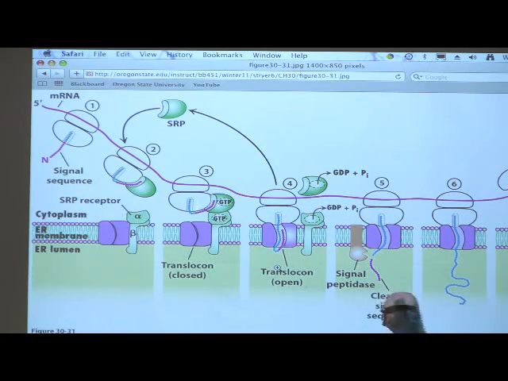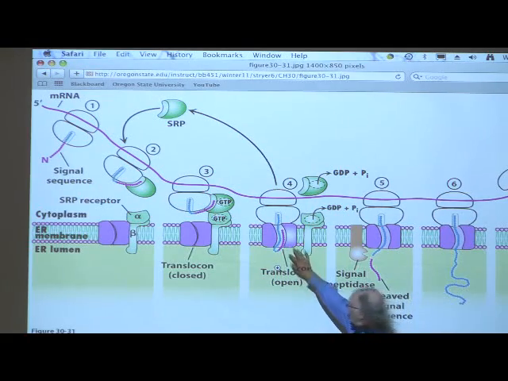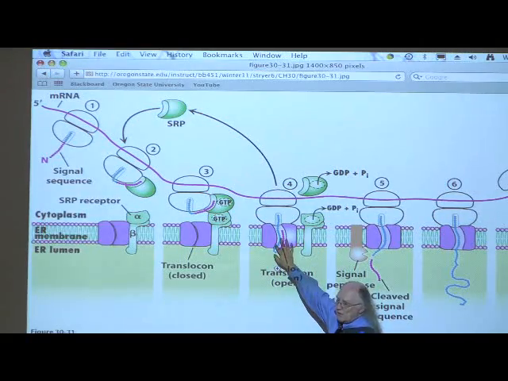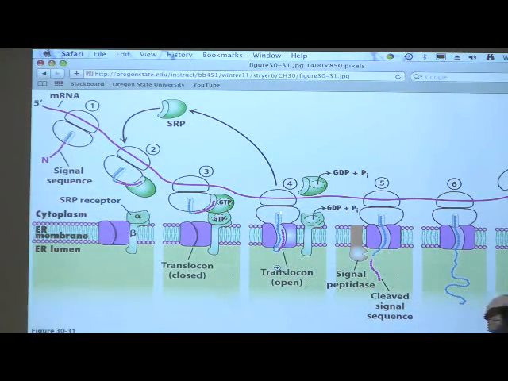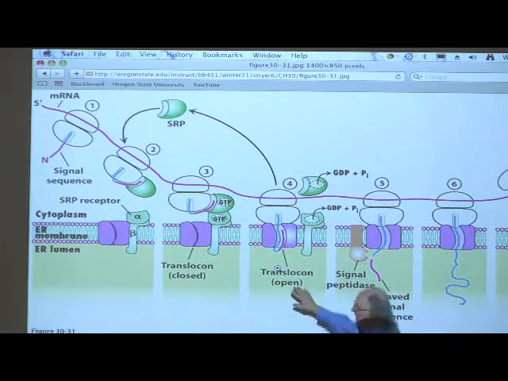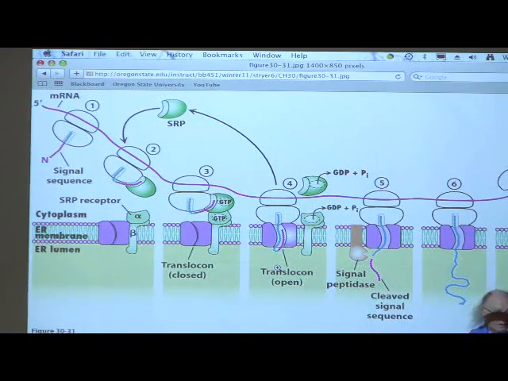Once everything has gotten docked here, this membrane protein called a translocon opens up. The translocon then accepts the polypeptide chain being made. The polypeptide chain is being made, and we can see it now has elongated from what it was before, and it's starting to appear through the translocon and will ultimately appear down here in the inside, that is the lumen, of the endoplasmic reticulum.